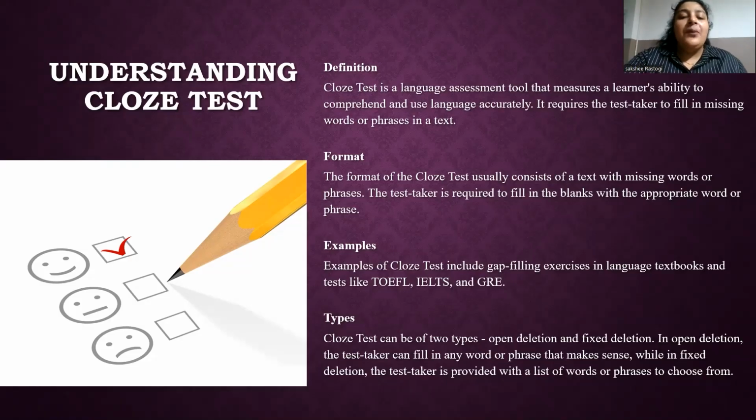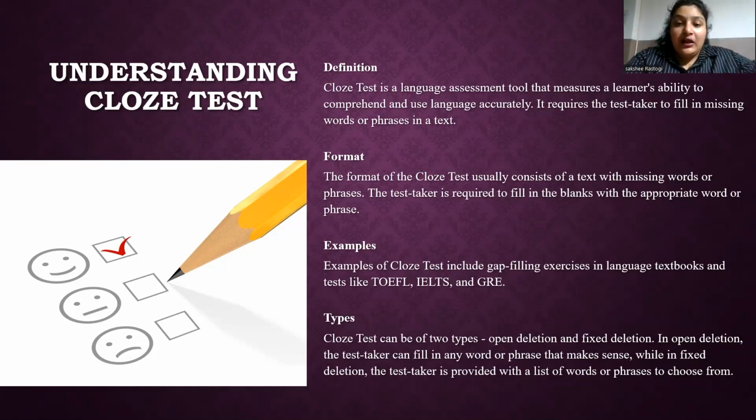What is cloze completion? It is a variation of the traditional cloze test where the test takers complete sentences or a short passage rather than filling in blanks. What is modified cloze? In this, a variation uses different types of blanks, such as blanks with words or phrases that need to be rearranged.